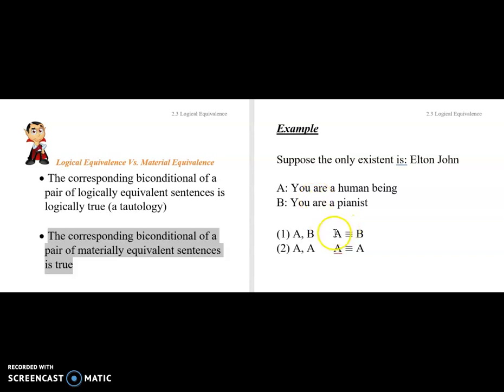But even in this situation, A if and only if B is not a tautology, and therefore A is not logically equivalent to B. So each of these pairs are materially equivalent to each other, but only this pair is logically equivalent to one another. This pair is materially equivalent and not logically equivalent. Okay. All right.